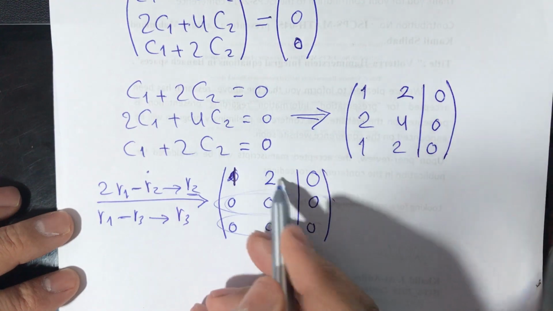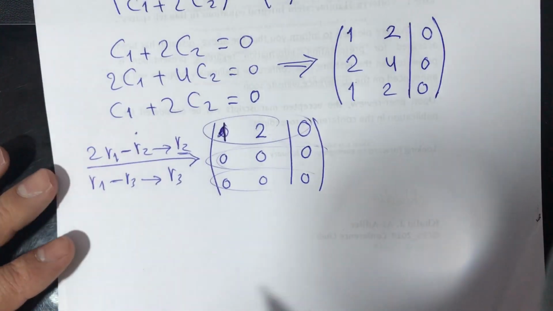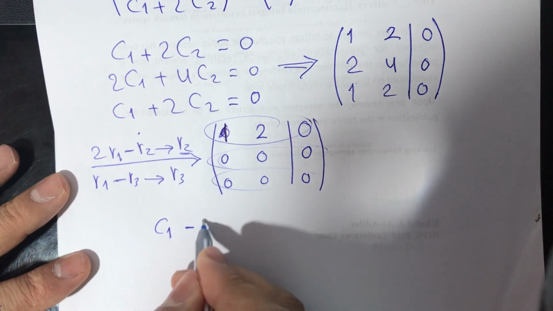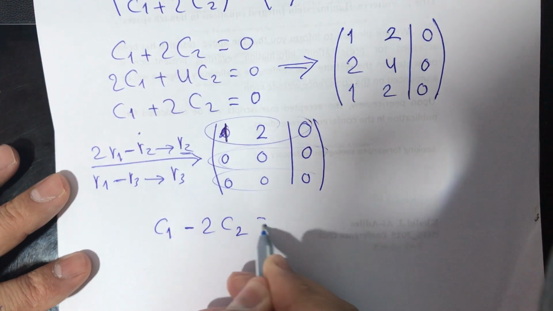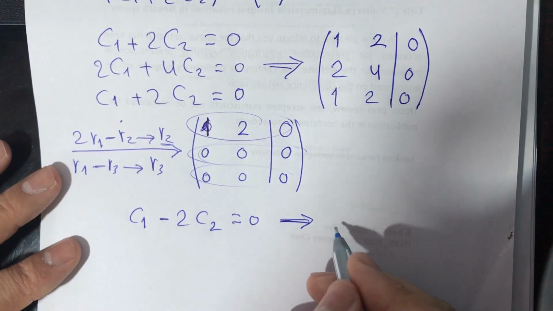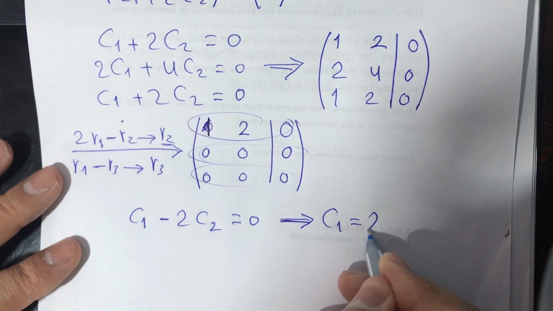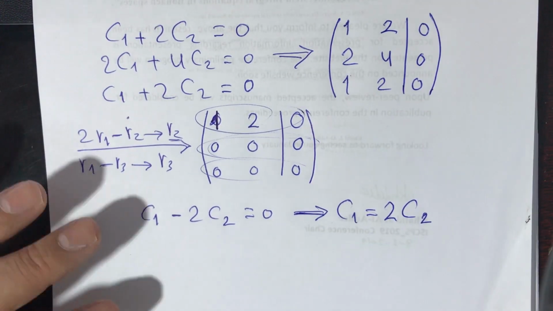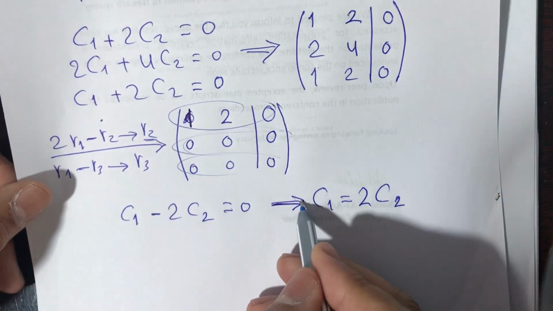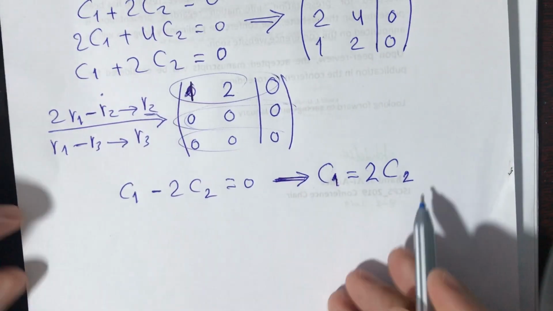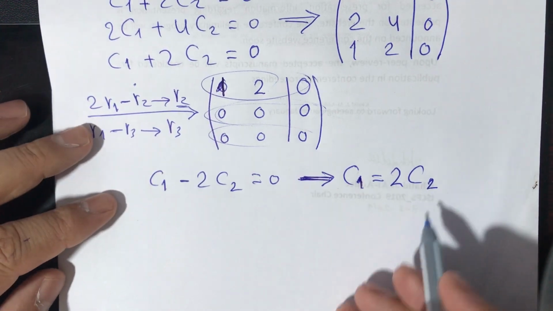And now we have just this equation: C1 plus 2C2 equal to 0. That means C1 is equal to minus 2C2, so there are many values of C1, C2.